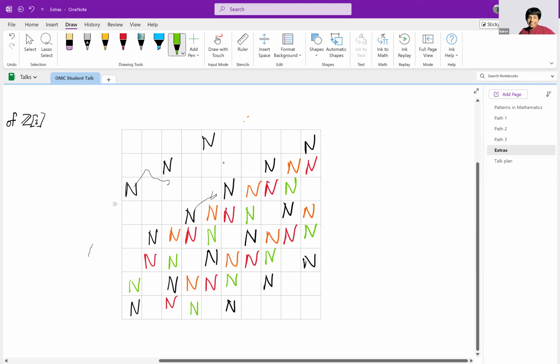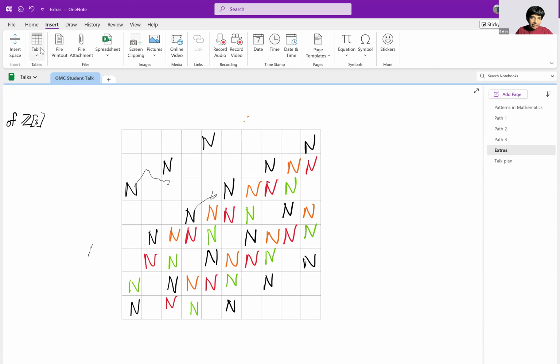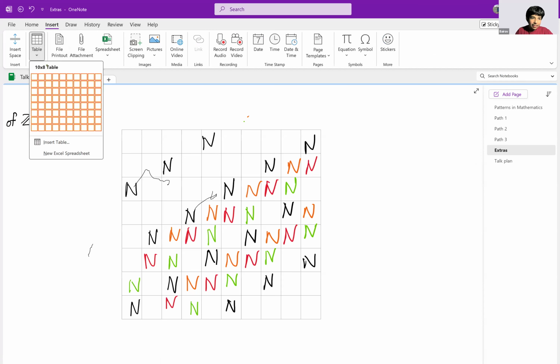And what's more interesting, we can restrict it in different ways to give it more or less freedom. So I'll get another infinite grid here.